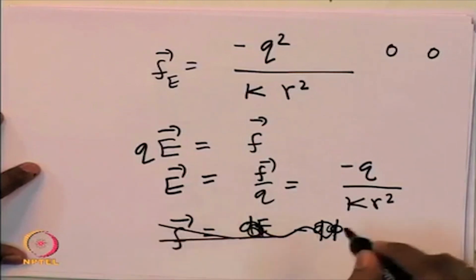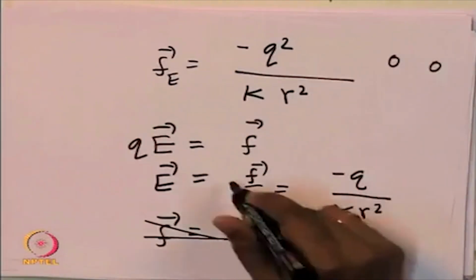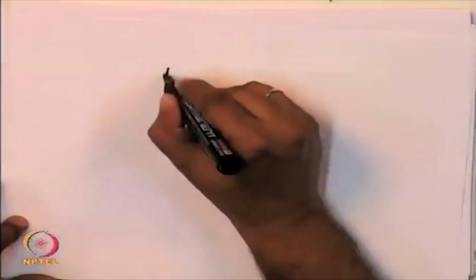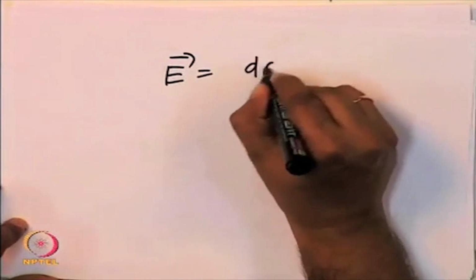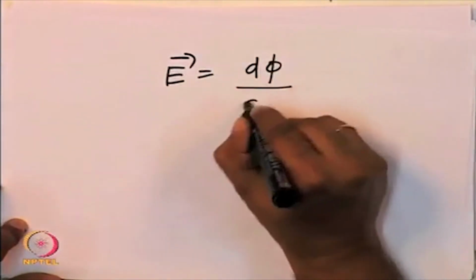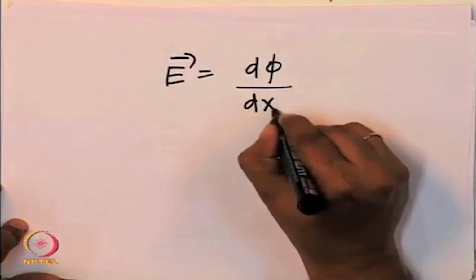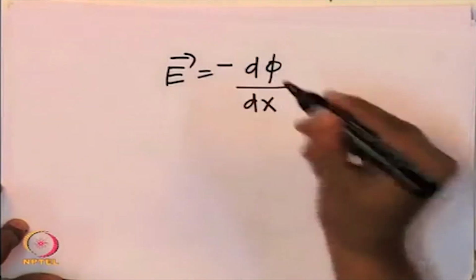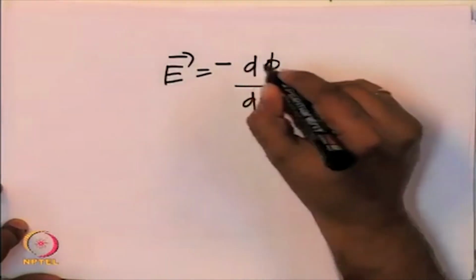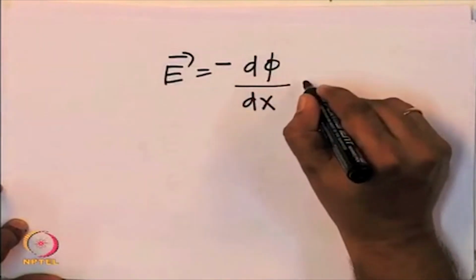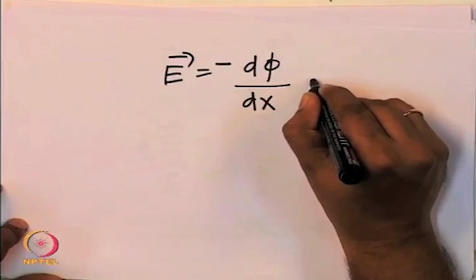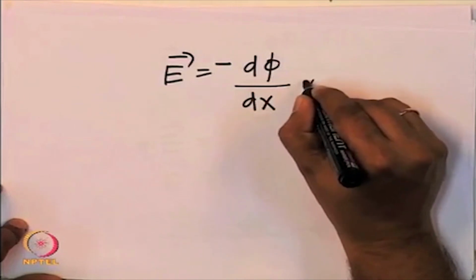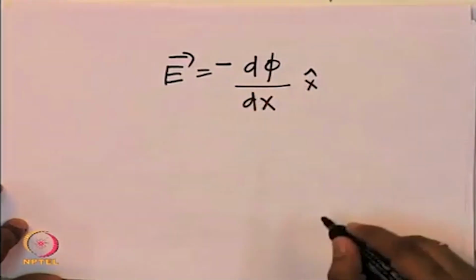If you use that idea, that force is the derivative of energy, what you end up with is that the electric field is the derivative of the electrostatic potential with a minus sign. But there has to be some direction associated with this, so there has to be some unit vector in some particular direction.